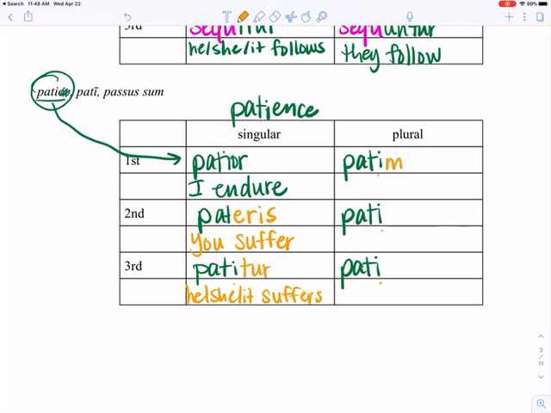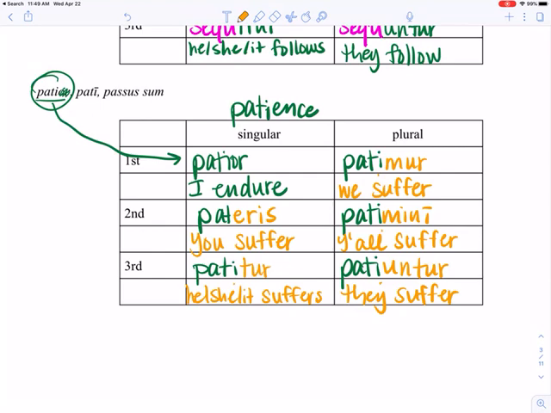We're going to add mur for first plural, and this is we suffer. We're going to add mini for second plural, and this is y'all suffer. Okay, so third plural. Remember I said we're not going to add the I's. So with third plural, we add a U. We are going to add the U, and then we're going to add ntur. And so now we have patiuntur, and this is they suffer.